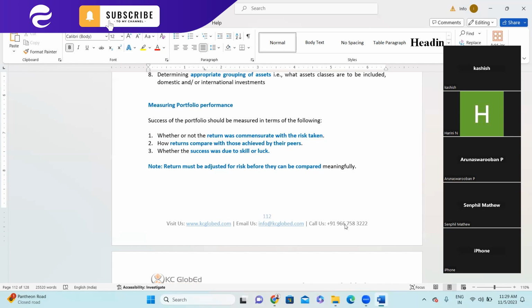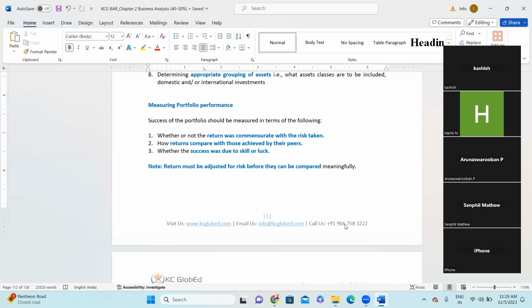Second is how the return compares with those achieved by peers. That means how much return your peers have achieved for the same investment. For example, let's assume Kashish is an investment management company, and Arun and Matthew are its clients. Arun has given $1 million and Matthew has also given $1 million to Kashish to make an investment.